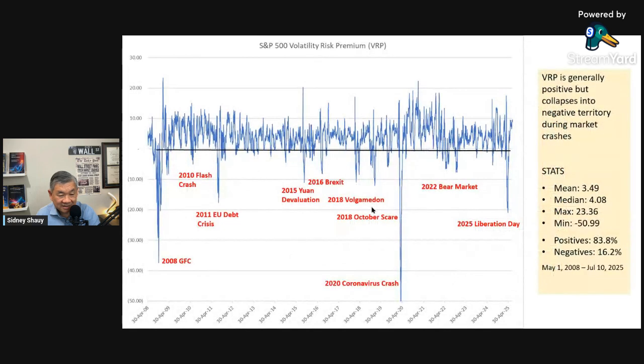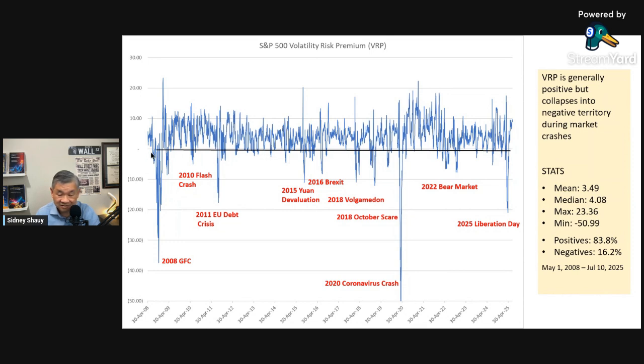All right, so let's see how the VRP behaved in the past. This goes as far back as April 2008. You see the 2008 great financial crisis, what happened with it? Let me just show you some statistics. So the VRP is generally positive. This black line here is zero.